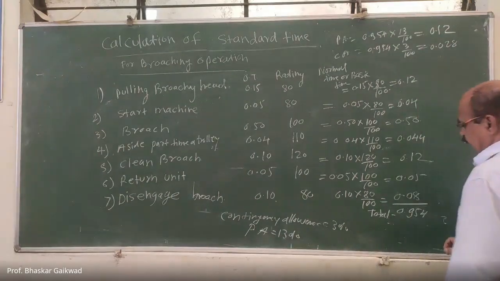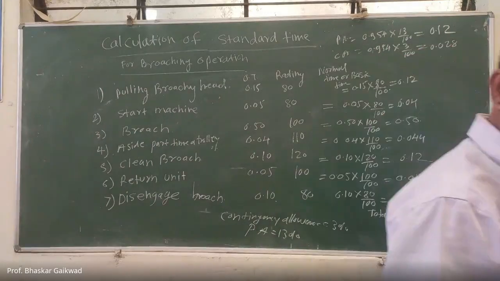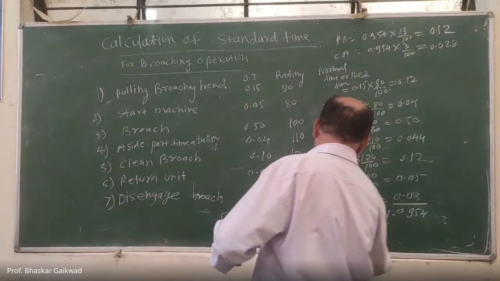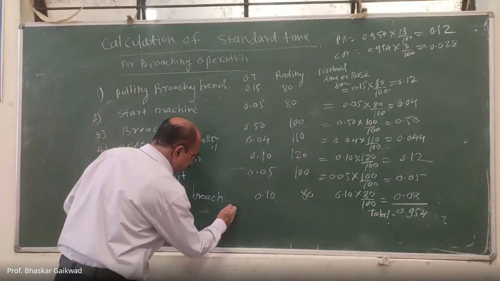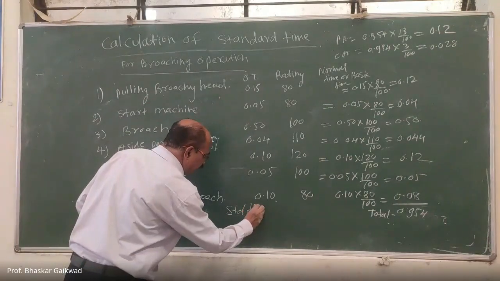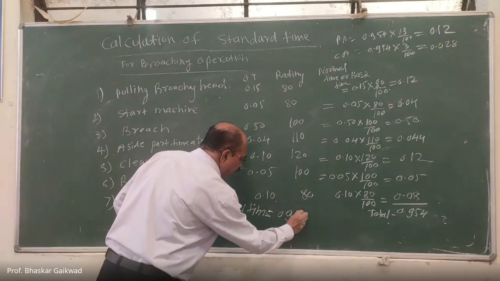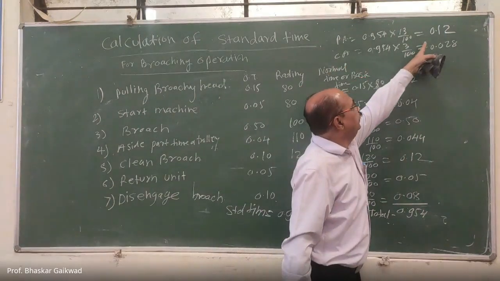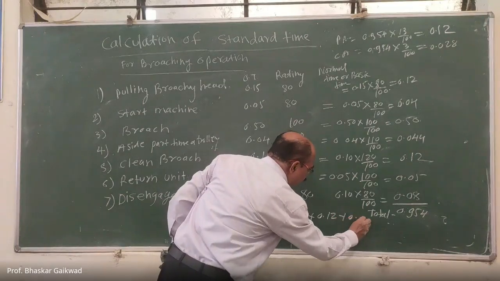Okay. Now we have to calculate standard time. Standard time is equal to 0.954 plus 0.112 plus 0.028.